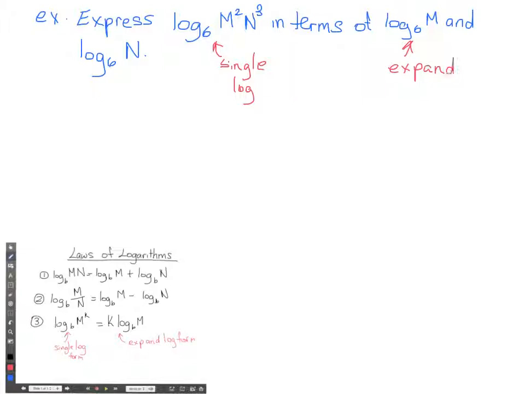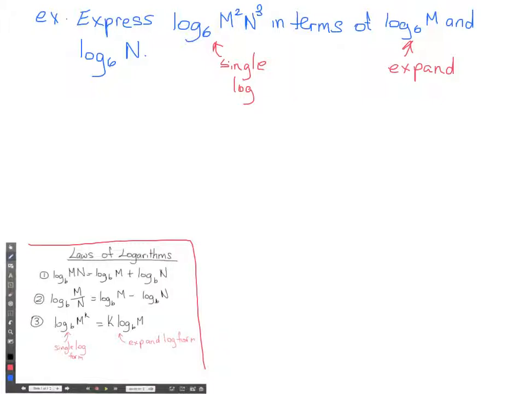We can totally do this using our laws of logs, which I put here. Eventually you're going to want to know all three laws of logs, but for now you can check back every time you need them. Alright, so let's do this.